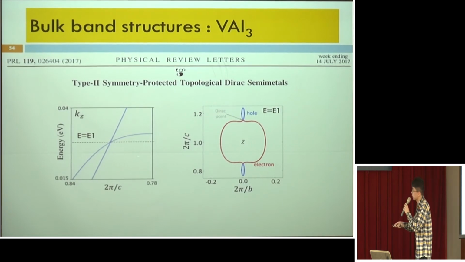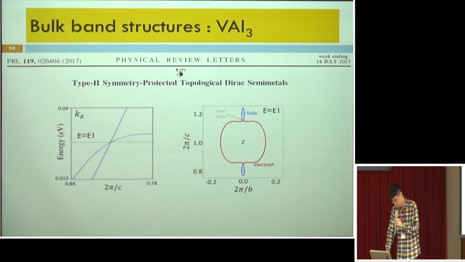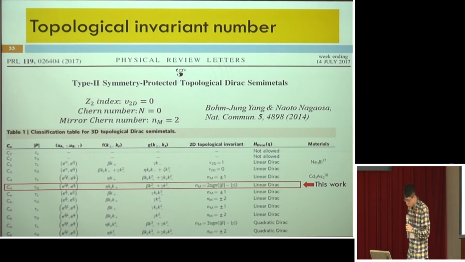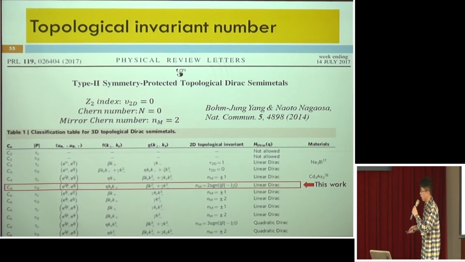If we put the Fermi level on the Dirac point and plot a Kx, Ky map, we can see the electron pocket and hole pocket just touch at the Dirac point. This is a signature of type 2 semi-metals. We also checked the topological invariant number.